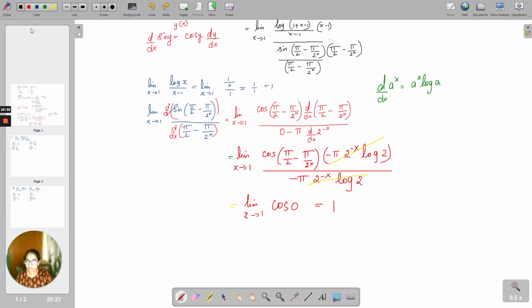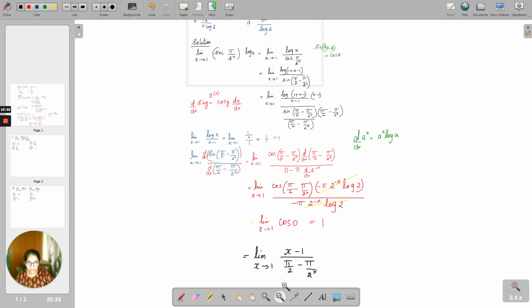Limit x tending to 1, I have x minus 1 divided by pi by 2 minus pi by 2 power x.